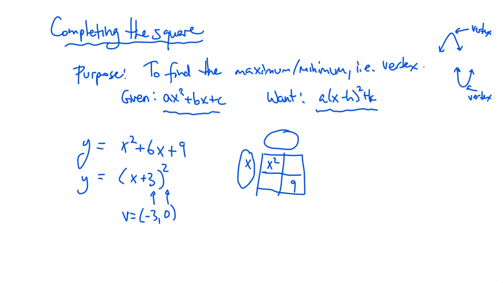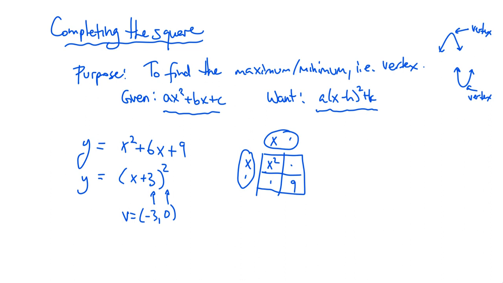I know this is x, I know this is x. The middle term is 6x, which means these two boxes must add up to 6x, but I need these two numbers to be exactly the same so I can write the expression as a binomial squared.